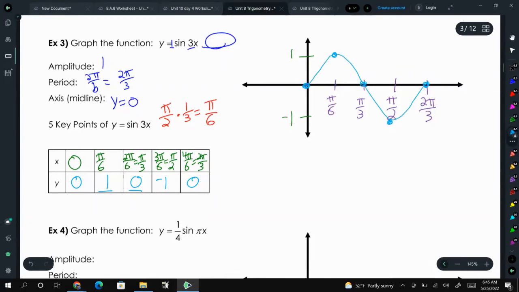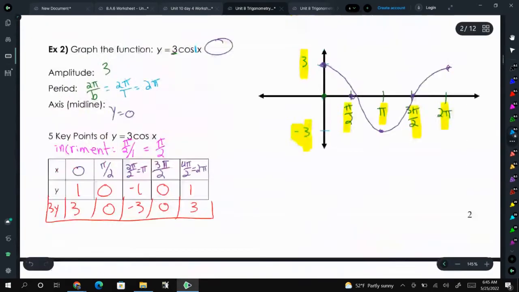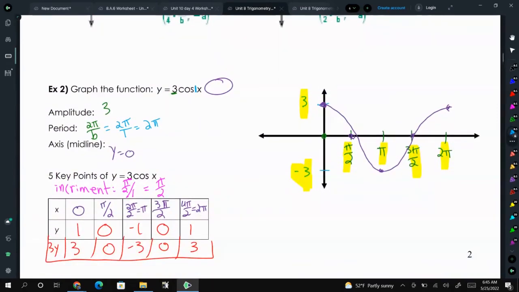So sine always starts at the midline, in this case 0, 0, and then depending on if our a value is positive or negative will depend on which direction we go. Whereas cosine will always start at a maximum or minimum depending on if our a value is negative or positive.